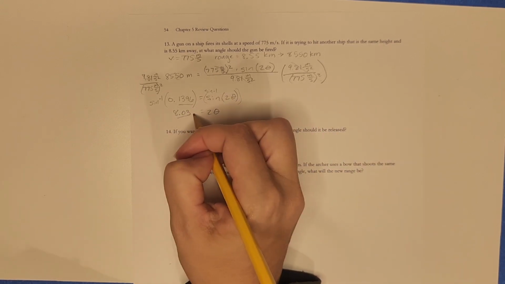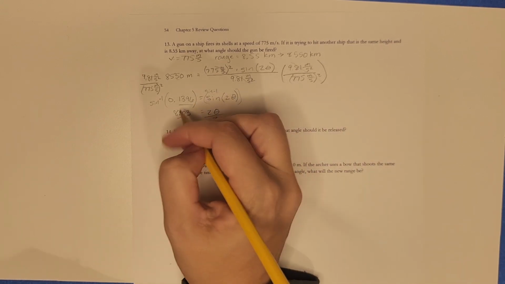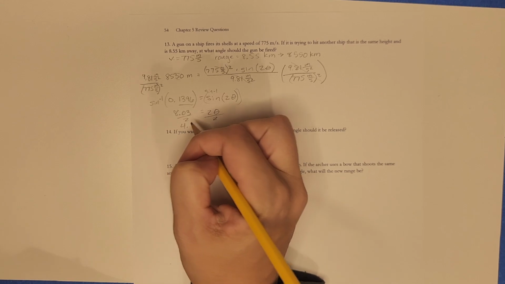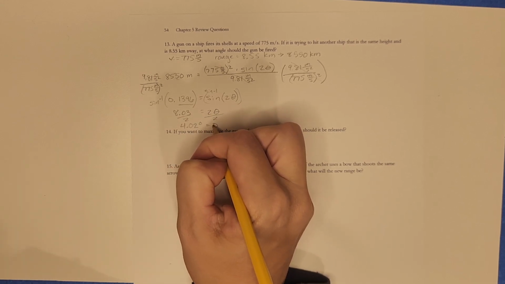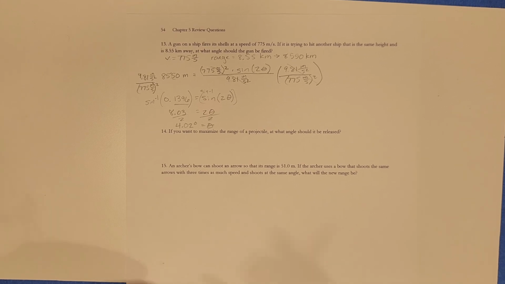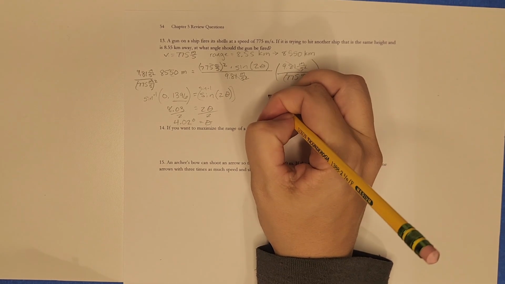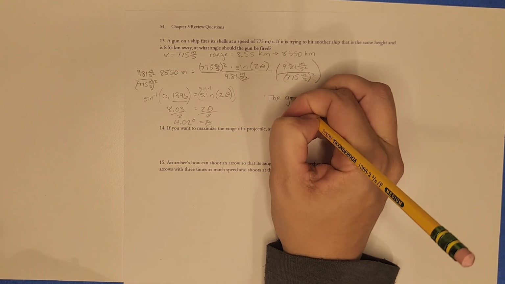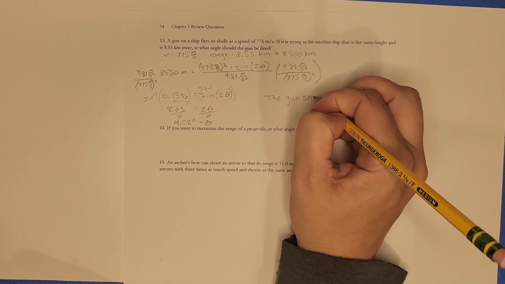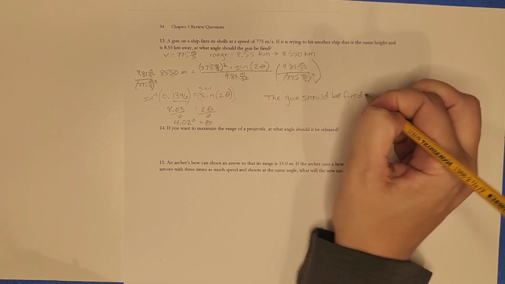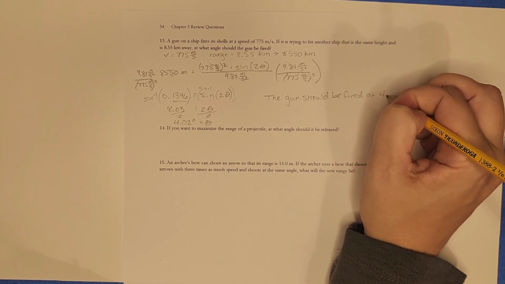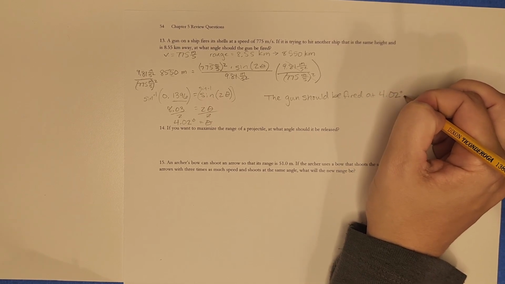So now we'll divide both sides by 2, and we get 4.02 degrees equals our angle. Okay, and so that is our answer. The gun should be fired at 4.02 degrees.